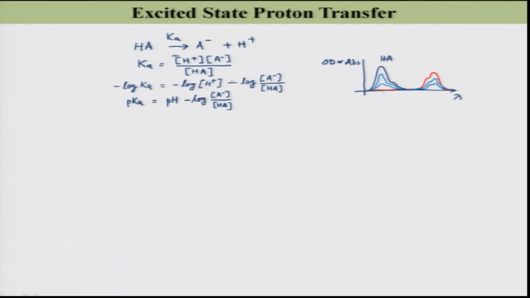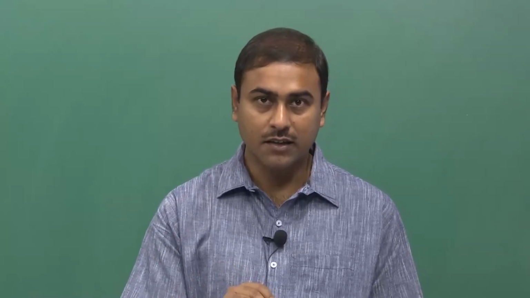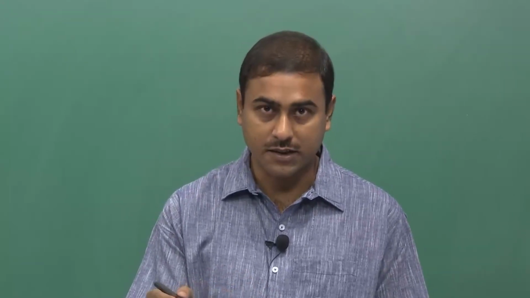Here HA and A minus are well separated and not overlapping with each other. If they overlap, you have to do a little more calculation to get the relative concentrations of HA and A minus as a function of pH. Once you know that, and you already know the pH, you will be able to calculate the pKa. The lower the value of pKa, the higher the acidity of that substance.